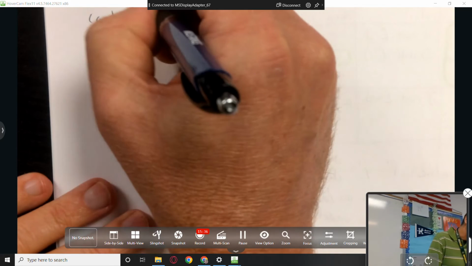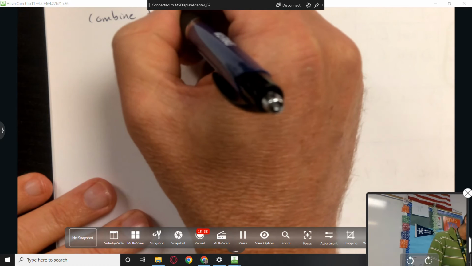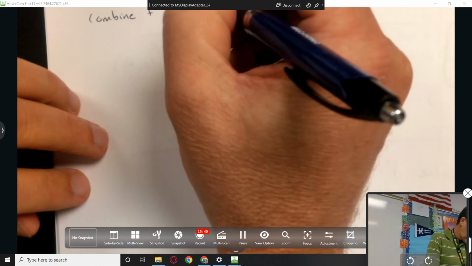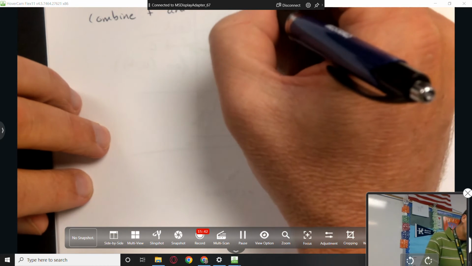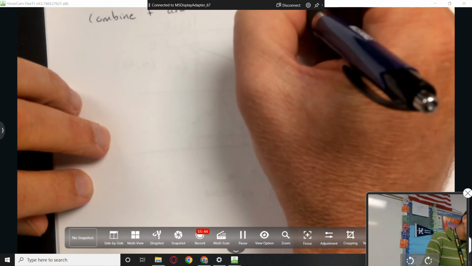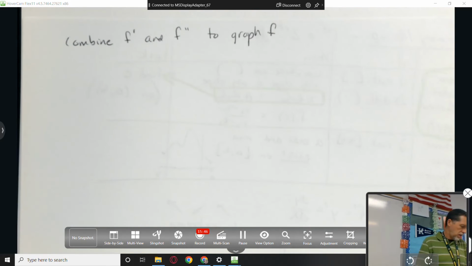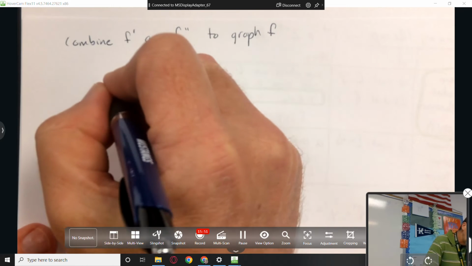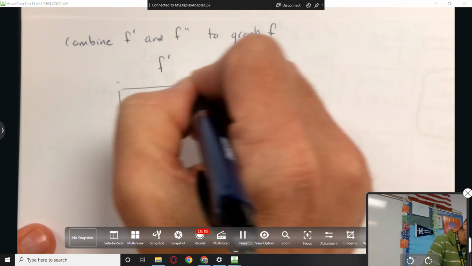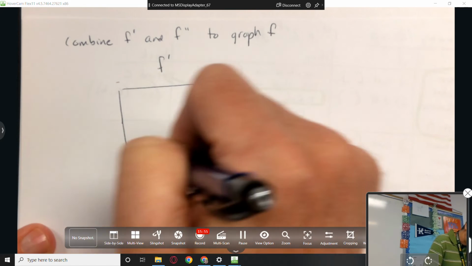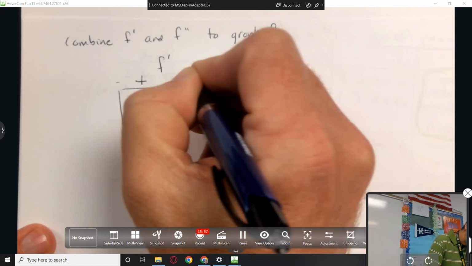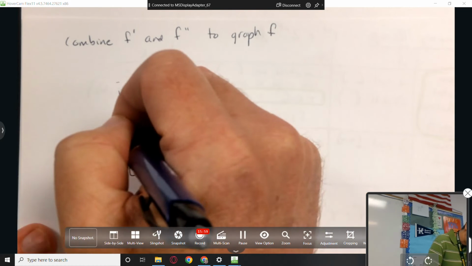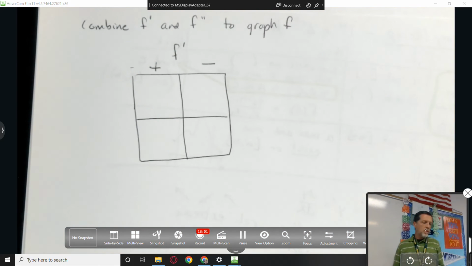This is what we started with. Combine f prime and f double prime to graph f. I'm going to try to make a table here. So f prime might be positive or negative.